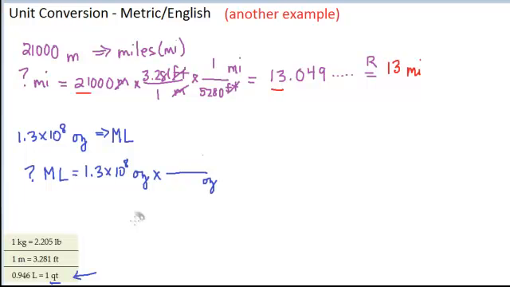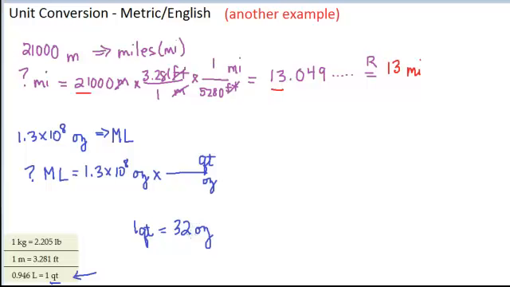I'm going to use the equivalence that 1 quart is equal to 32 ounces. Again, you might use that 1 pint equals 16 ounces, or 1 cup equals 8 ounces, and eventually you would work your way to quarts from those equivalences.